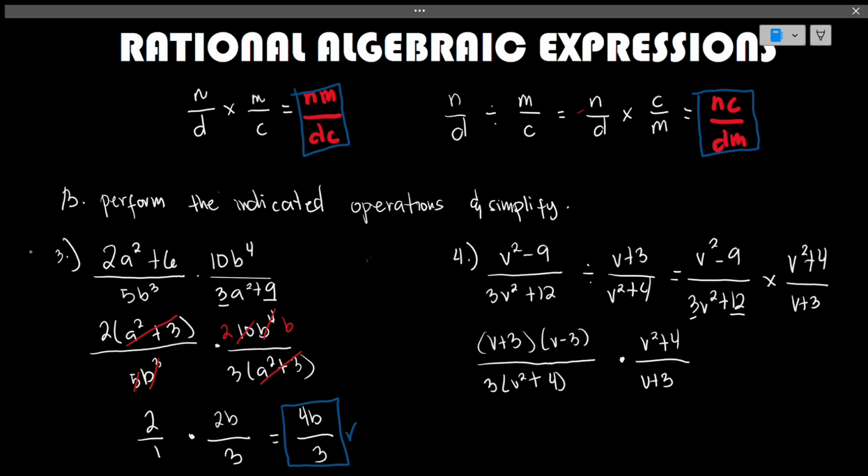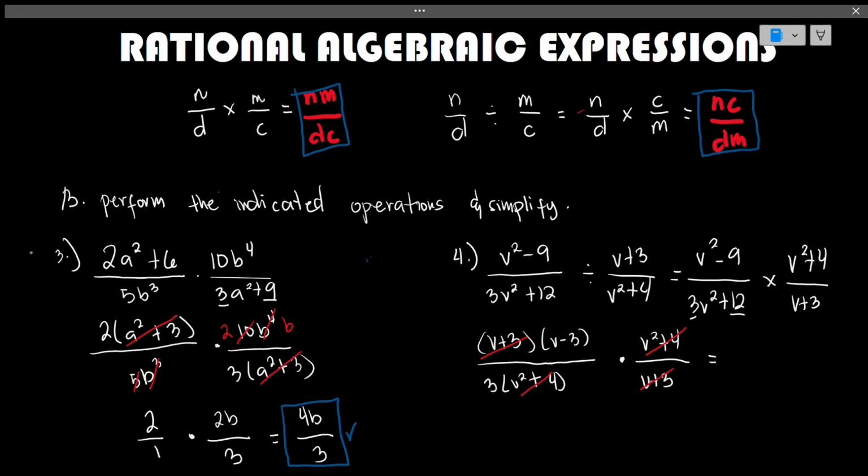And again, after we write all of them into their factored form, we can now start canceling their common factors. So we have v plus 3 here. We can cancel v plus 3, followed by v squared plus 4. We can cancel that. And there's no other common factors that we can cancel. So we just need to rewrite whatever is left here.